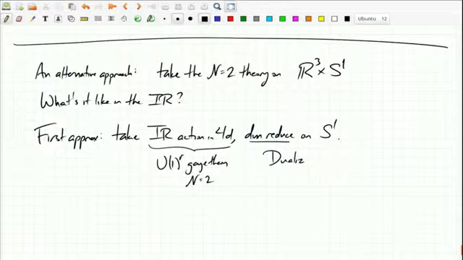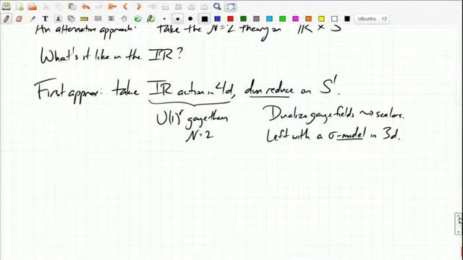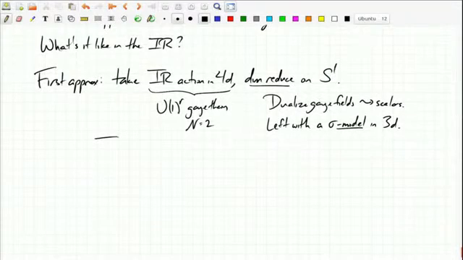Now, what is that sigma model? What is the target of the sigma model? It's pretty easy to describe in this first approximation. We have the scalars that we had in 4 dimensions, which were parametrizing the Coulomb branch. And then we have the new scalars that come from dimensional reduction.